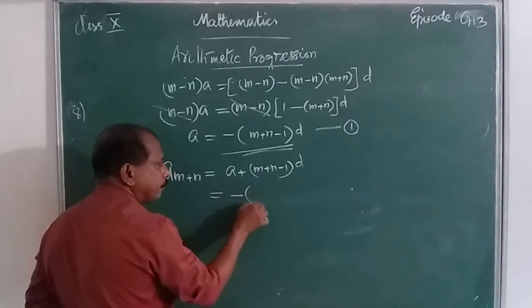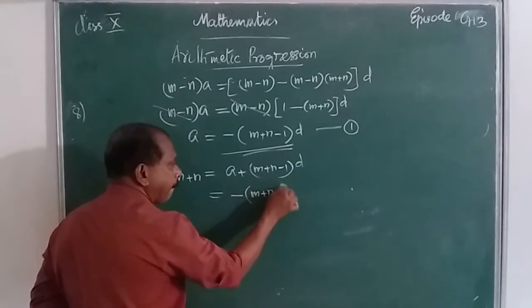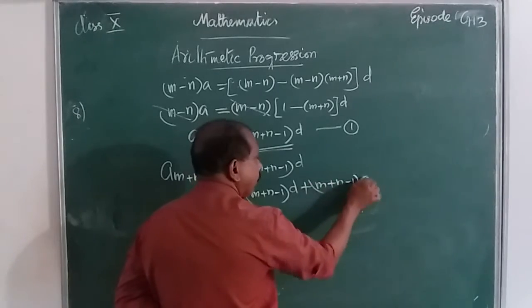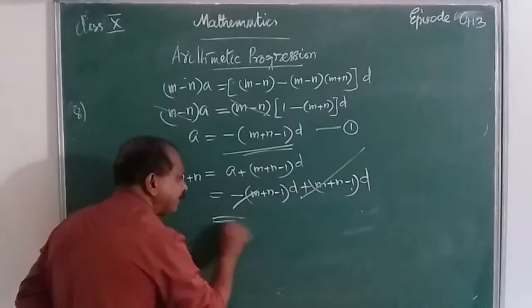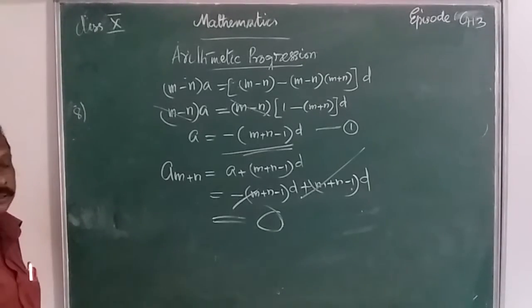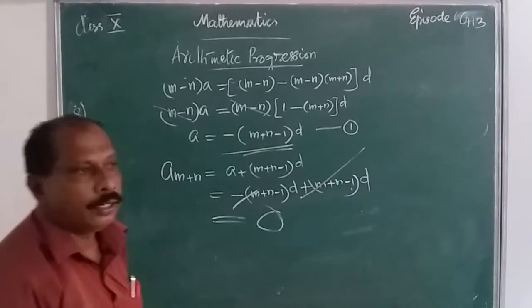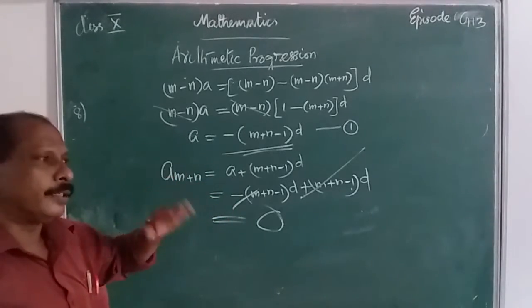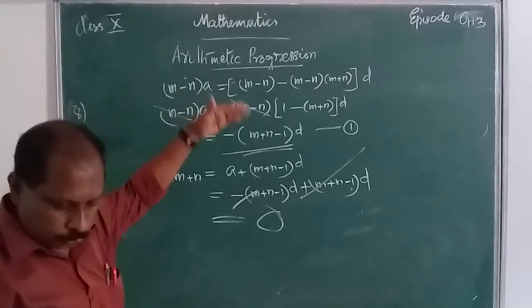Minus 1. Cancel these two, we get 0. Therefore, m plus n th term is 0. That's the answer. This is the general question, and there is another question based on this general question.